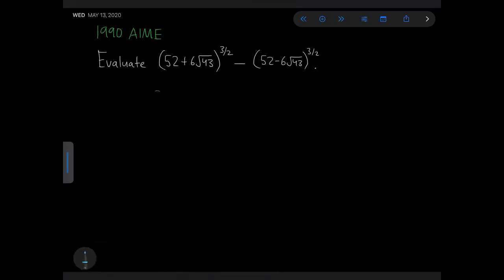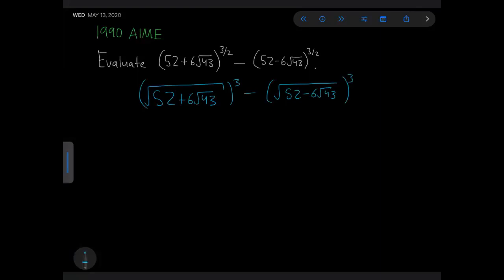So we'll rewrite this as the square root of 52 plus 6 square root 43, cubed, minus the square root of 52 minus 6 square root 43, cubed. If you look at the inside of those terms, the square root of 52 plus 6 square root 43, if you were at the Monday lesson, that looks pretty familiar.